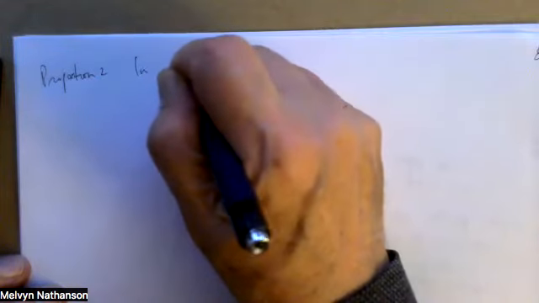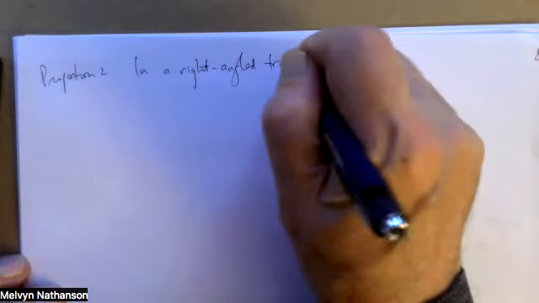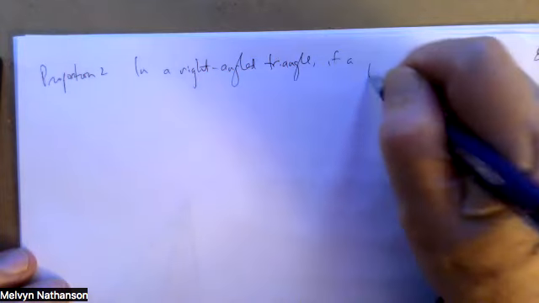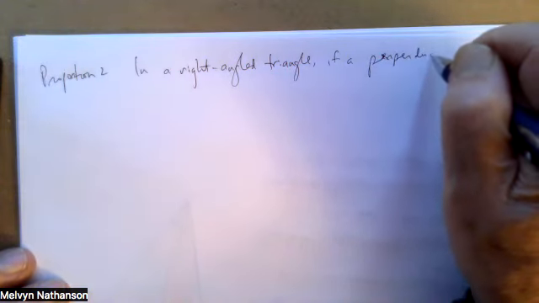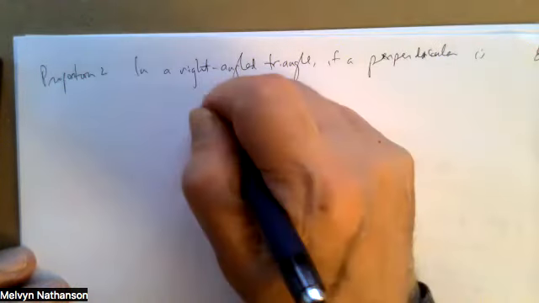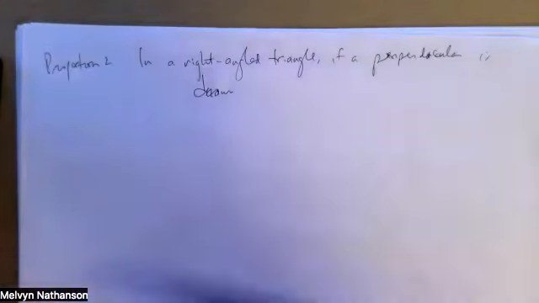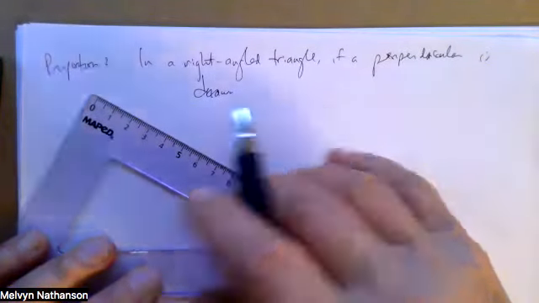Proposition 2 says in a right angle triangle, if a perpendicular is drawn. So let's draw the triangle, like this.